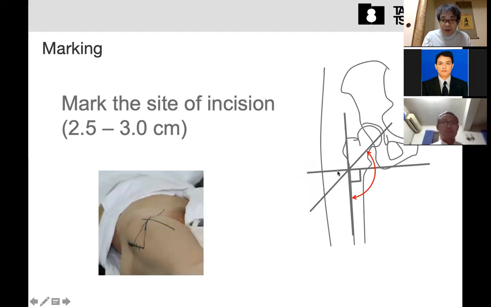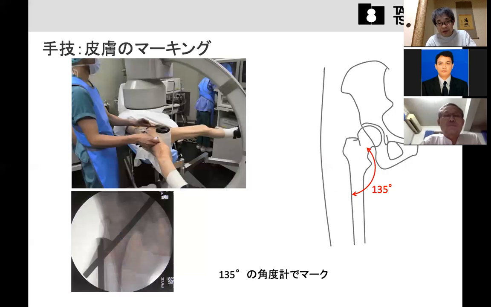Then draw the line perpendicular to the lateral cortex line. Then the skin incision should be here, between the two lines, just like here. Normally for the dual AC screw, the skin incision should be 2.5 to 3 centimeters, quite small. Then like this, draw the line here, and draw the line here.